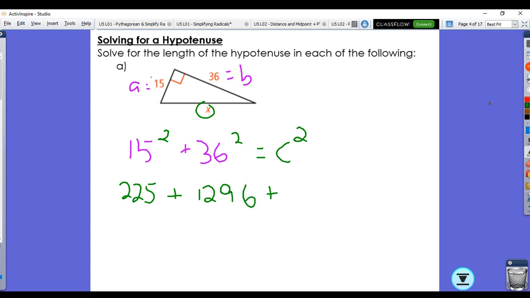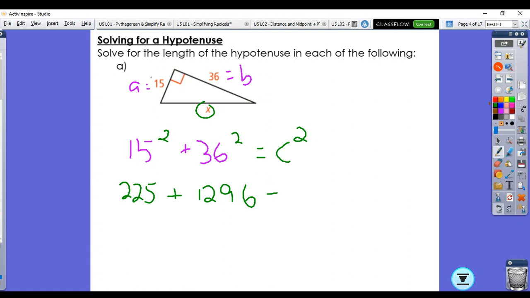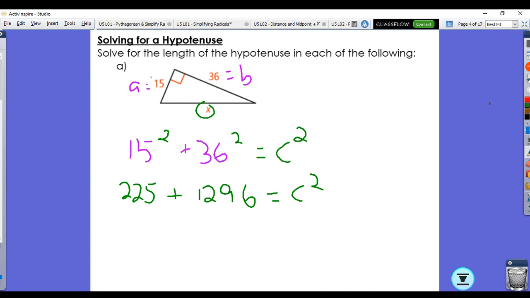And so now this is still equal to c squared over here. We don't know what that is yet, but if we add those together, we get 1,521. Okay, now we got to be careful because we still don't have our answer. All we know is that when we add those together, we get 1,521.